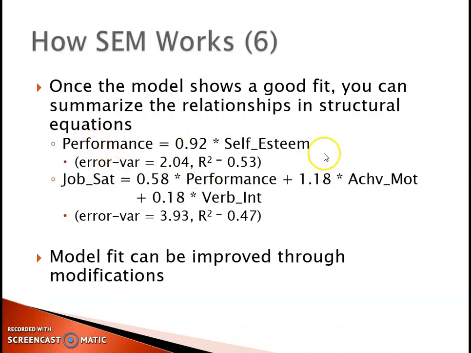The relationships among the variables can be summarized using structural equations like this. They are actually just regression equations, and we'll talk about this in detail later in the semester. Well, if we have a model whose fit indices are not that good, we actually can improve it.